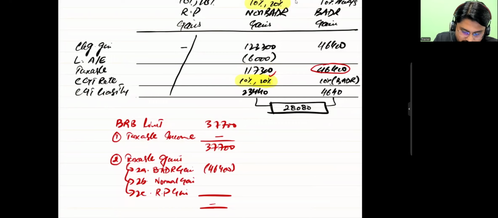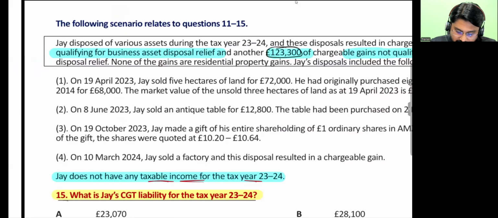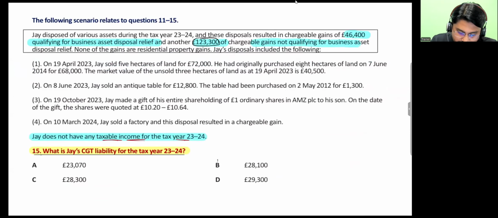And if it is multiplied with 20%, that is 23,460, then plus 4,640, and 28,100 is the corrected amount. Thanks, Ikra, thanks for the correction. 28,100 is the capital gain tax liability, and B is the correct answer.